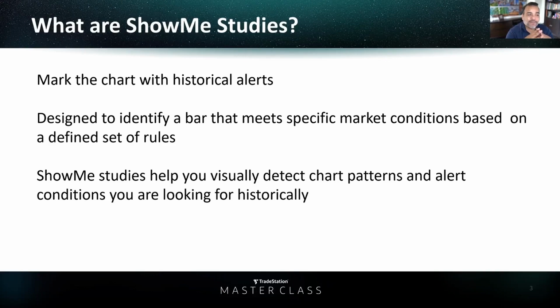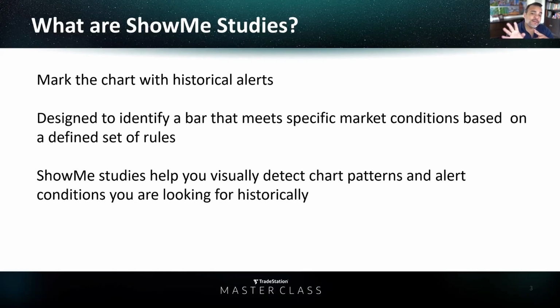It is designed to identify a bar that meets specific market conditions based on a defined set of rules. So we are the ones who are going to define those rules. We may take a look at a couple of built-in Showme studies so you can get an idea of how they behave. But Showme studies help you visually detect chart patterns and alert conditions you're looking for historically.